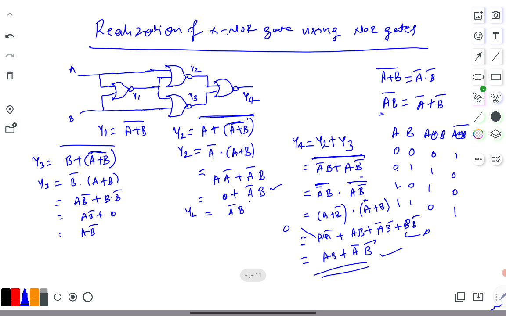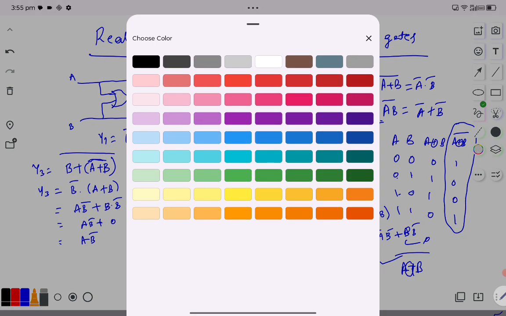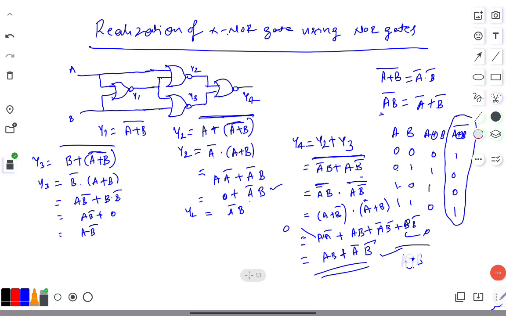Then perform the OR operation. You will get this output, the XNOR output. This is the Boolean expression, or you can also write A XOR B whole bar. Like this.